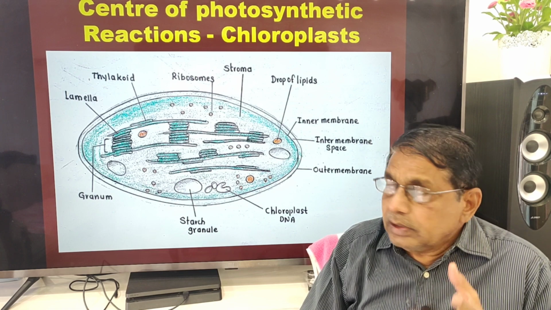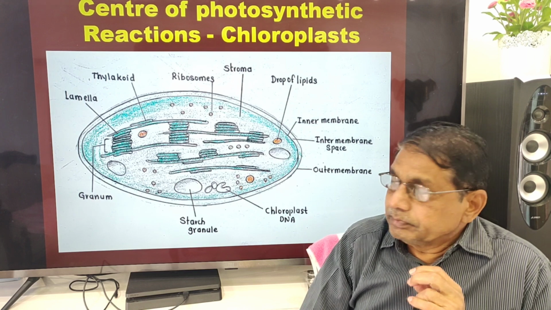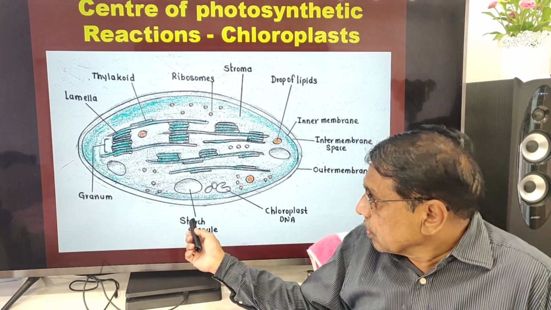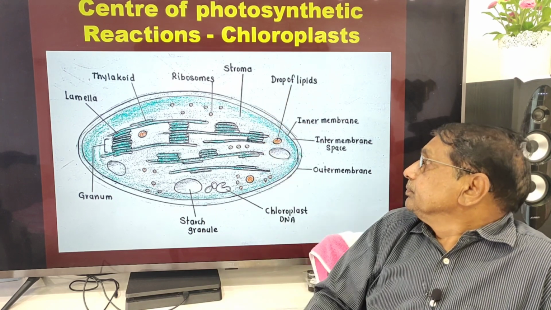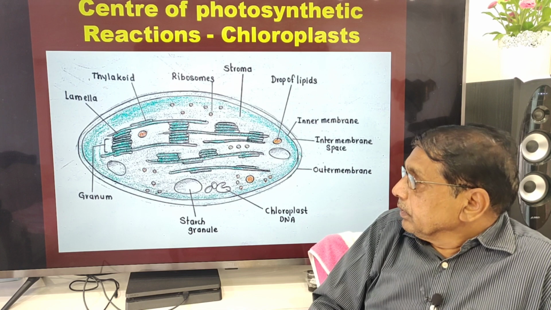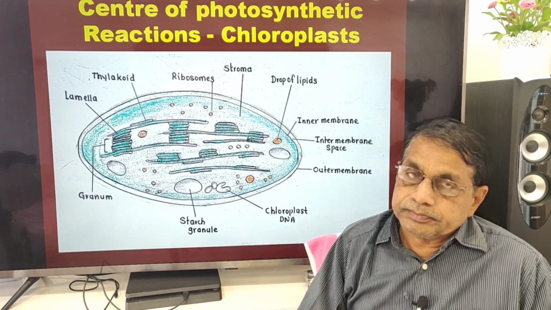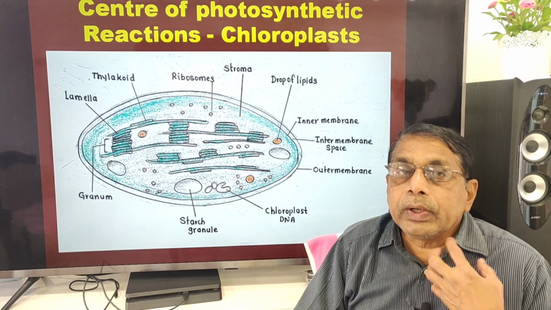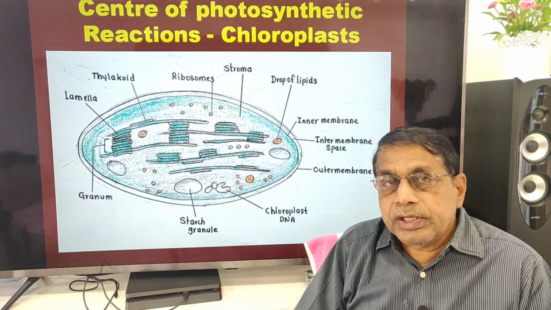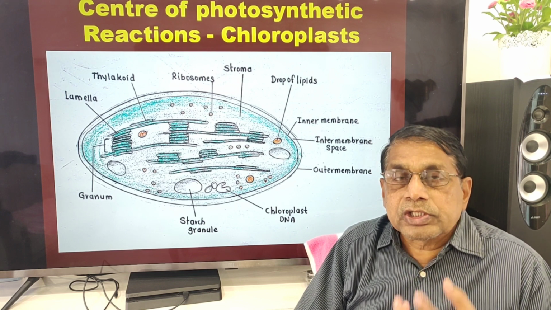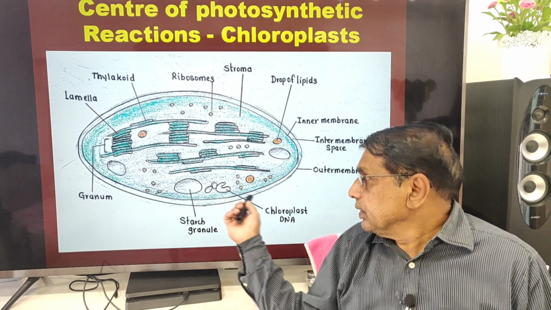Besides the grana thylakoids and stroma thylakoids, there are starch granules and drops of lipids. They also contain DNA. Chloroplasts have their own DNA. That DNA is double-stranded and circular, just like the DNA of bacteria.